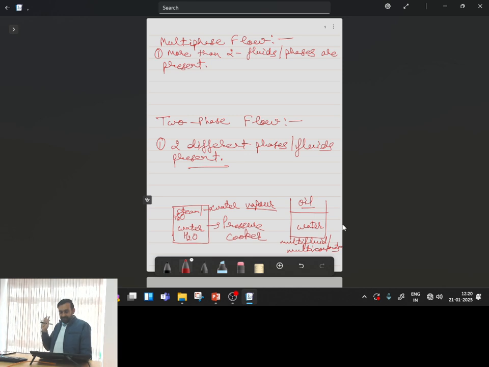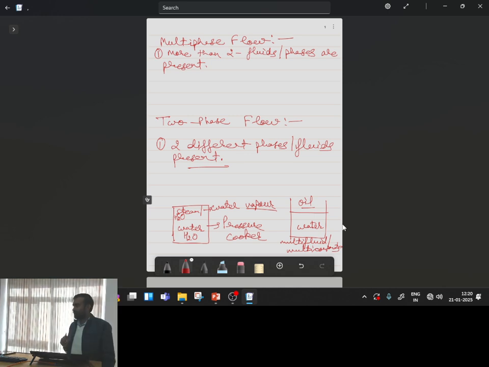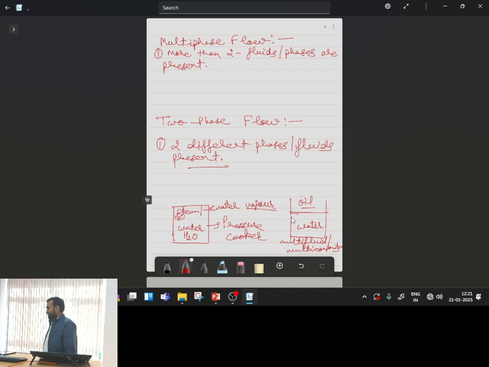But one small thing we have to consider here: if this oil and water are lying stationary, what will I find? I will find that here I have the water phase, here I have the oil phase. And somewhere over here, there is some border across which my component is changing.